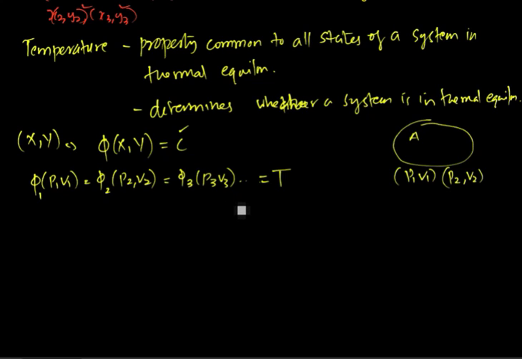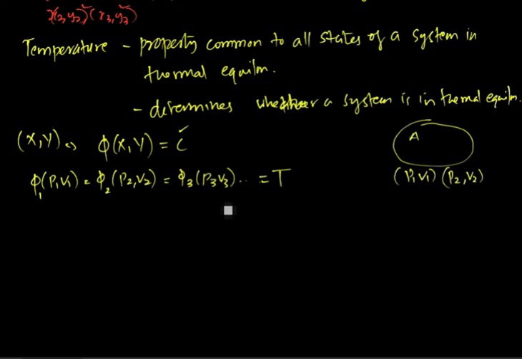So this is the concept of temperature which we can draw from the zeroth law of thermodynamics and the thermal equilibrium conditions. Thus the numerical value of each of these functions is the same and defines the temperature.